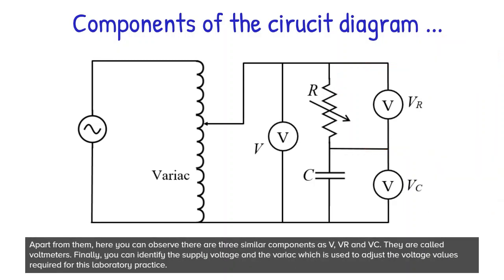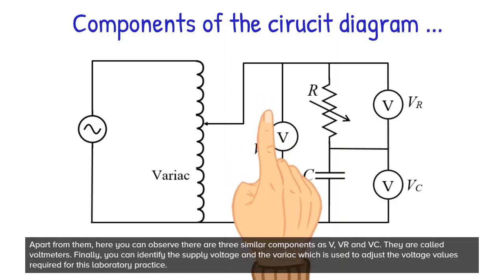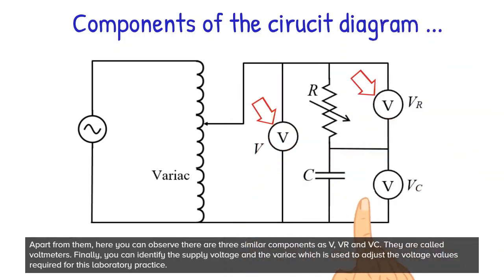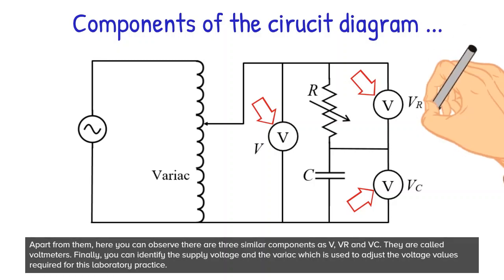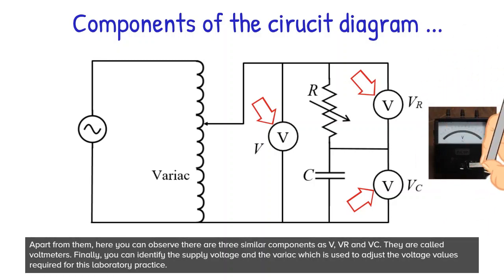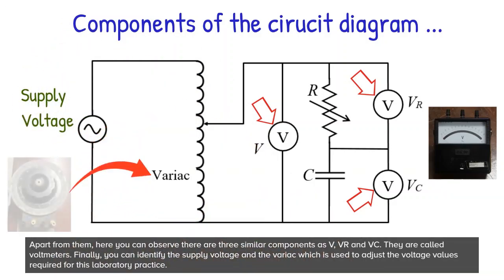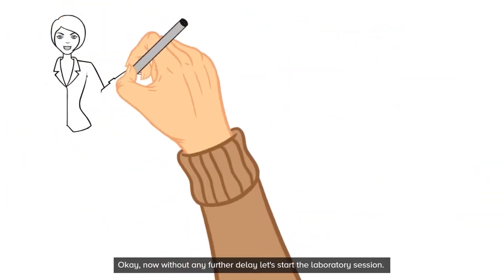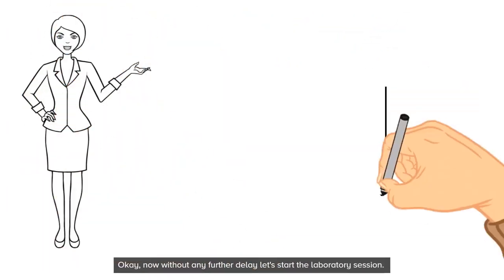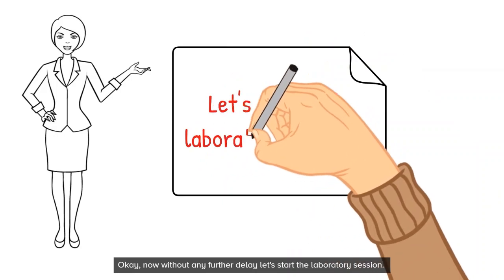Apart from them, here you can observe there are three similar components as V, VR and VC. They are called voltmeters. Finally, you can identify the supply voltage and the variac, which is used to adjust the voltage values required for this laboratory practice. Okay, now, without any further delay, let's start the laboratory session.